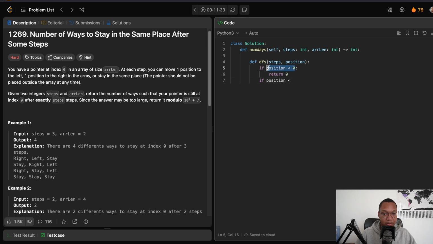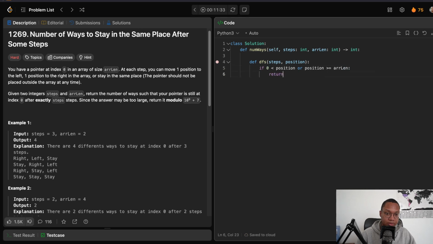If 0 is less than or equal to... Maybe that actually.